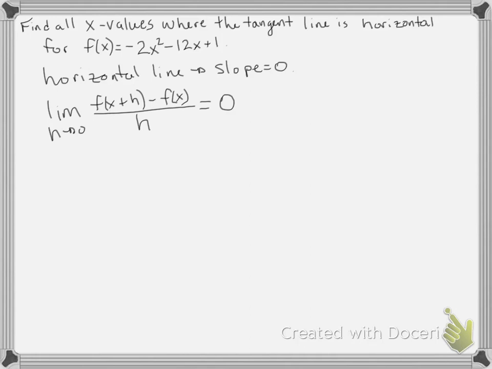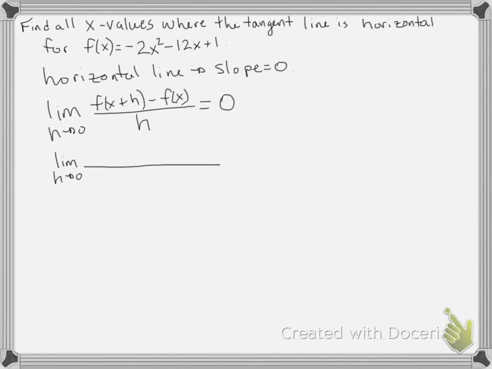So we're going to go through and do this problem as if we did have an x. If we did, we would be doing the limit as h approaches 0 of f of whatever our x value is plus h. Well, we don't have an x value, so we're simply going to plug in x plus h into our equation. Our equation is negative 2x squared minus 12x plus 1.